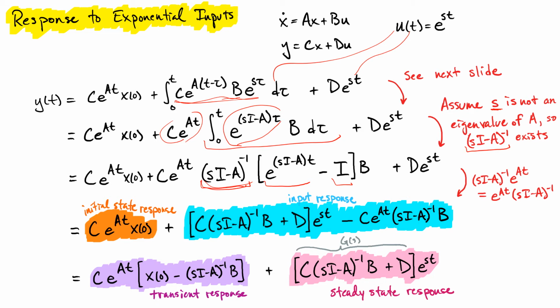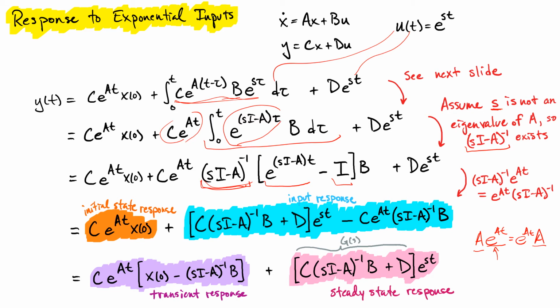And then the last thing that's worth explaining is the fact that when you have an exponential like e to the At, A times e to the At is e to the At times A. And this is one of those special cases where matrices do commute. So A is a matrix, e to the At is also a matrix. And if you write out the exponential in its Taylor expansion, that allows you to prove that if you pull A out from the other side, it also works.